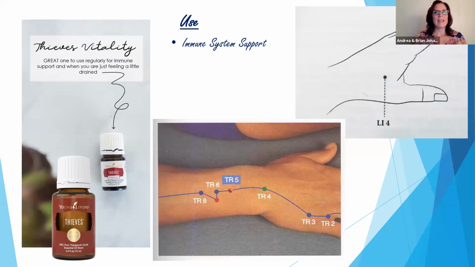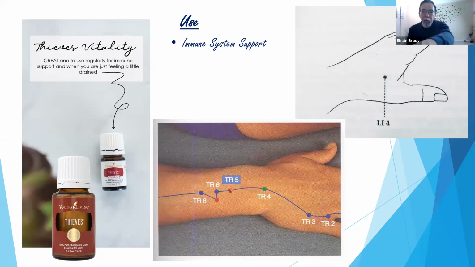Thieves. If you are an oil lover, you know how incredible Thieves is. It is, in my opinion, and that of many others, second to none for supporting overall health and wellness with your immune system. So great places to apply that, Ephraim, would be?